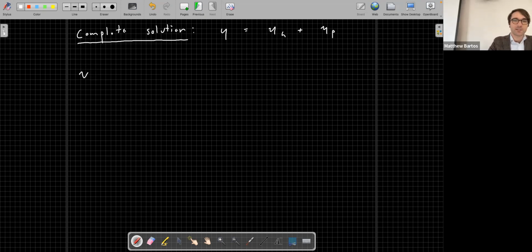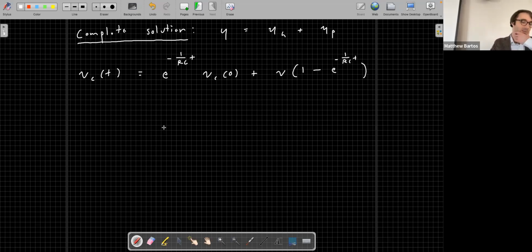In this case, our V_C of t is equal to the homogeneous solution. So that's e to the negative 1 over RC t times V_C(0), plus our expression for the particular solution, which was V times 1 minus e to the negative 1 over RC t.